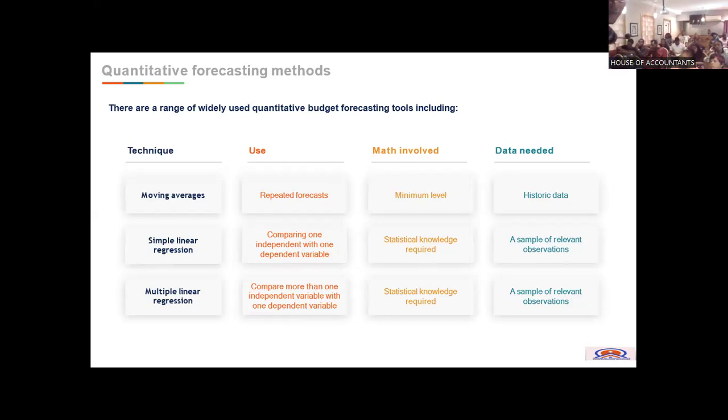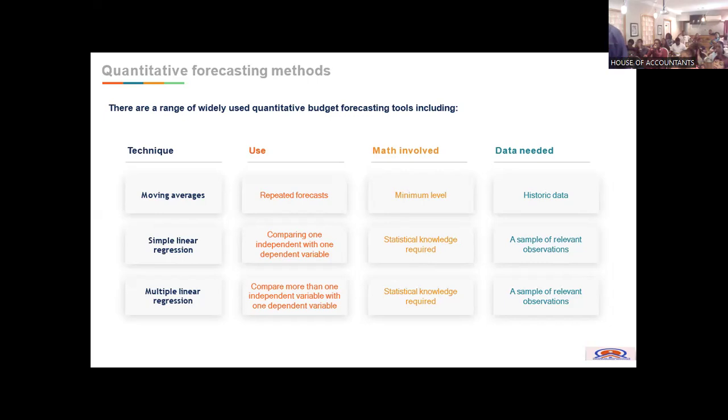So quantitative forecasting methods. Budget is actually quantitative. Anytime you are preparing budgets, figures must be there. You must have figures. Okay? So anytime you talk about budgets, figures have to be there. There are a range of widely used quantitative budget forecasting tools, including techniques like moving average, simple linear regression, multiple linear regression.